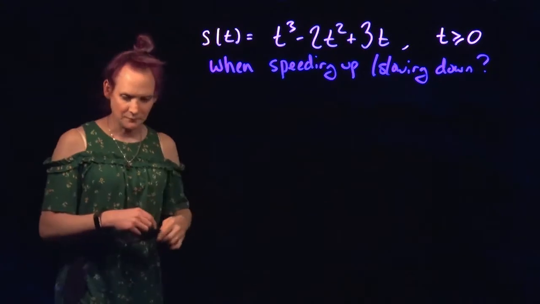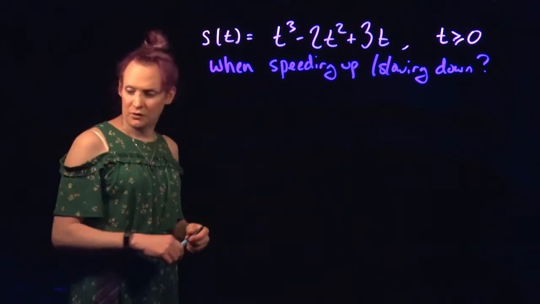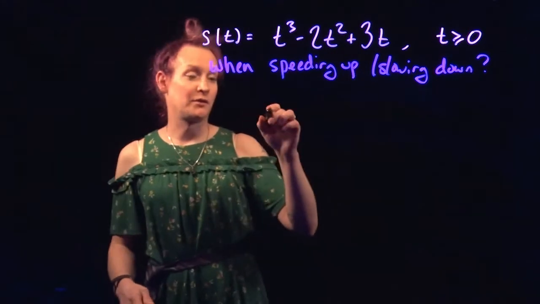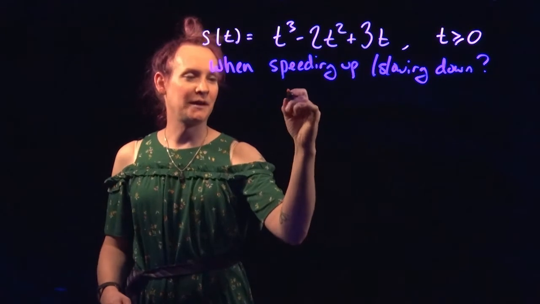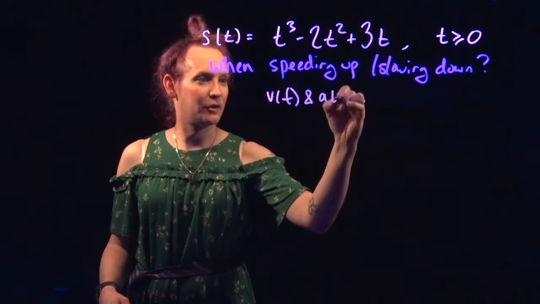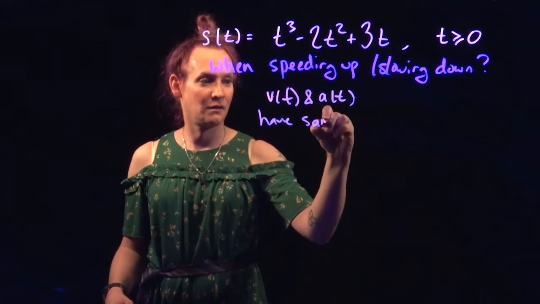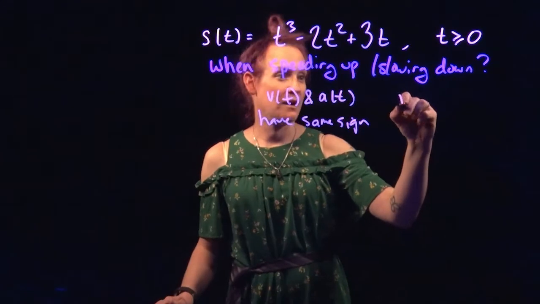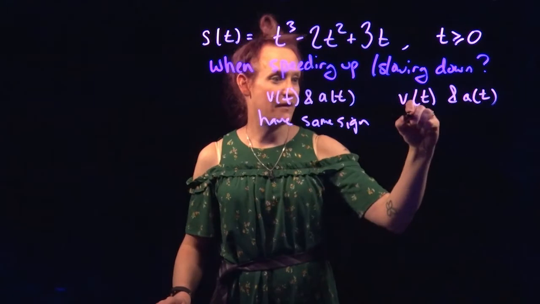Okay. To remind you about how to know the answer to this question in terms of the velocity and acceleration functions: speeding up means that the velocity and the acceleration have the same sign, and the slowing down phenomenon is that the velocity and the acceleration have different sign.